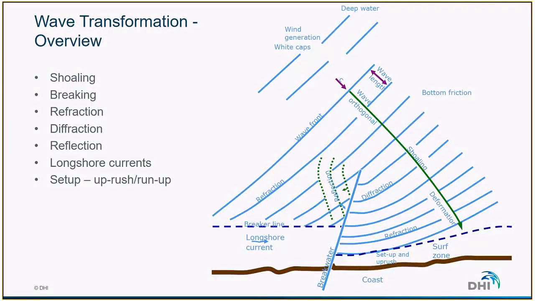And when the wavefront reaches this structure, it can potentially be reflected by the structure, which will result in a wavefront in a different direction. There is also refraction occurring, and shoaling and breaking, but we will have a look at that in a bit more detail now.